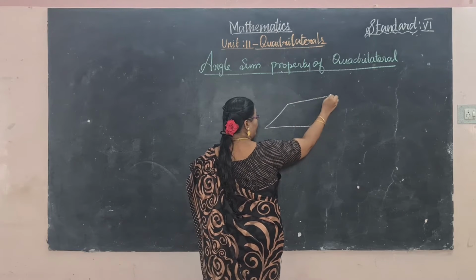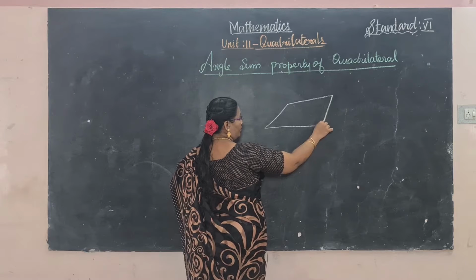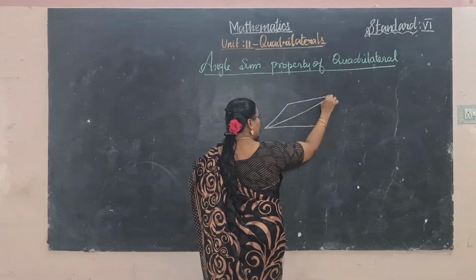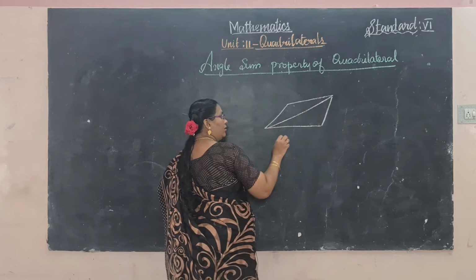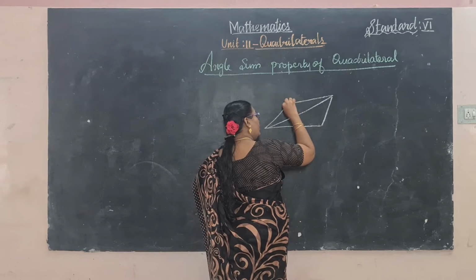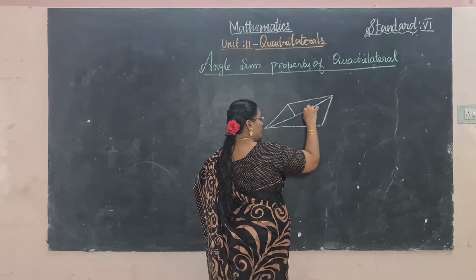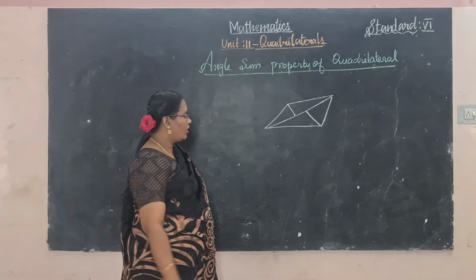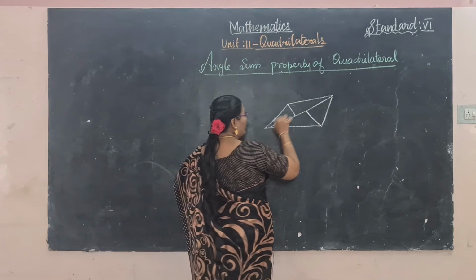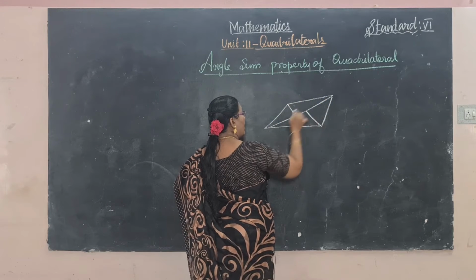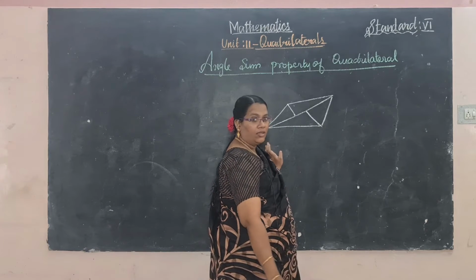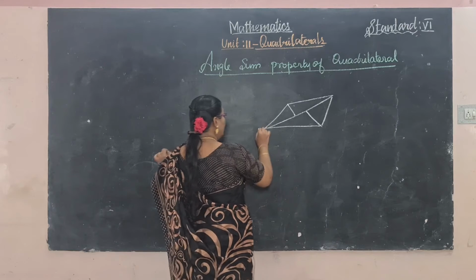See, I have drawn one of the quadrilateral. Okay, it's a diagonal. Already you know the angle sum property of triangle.